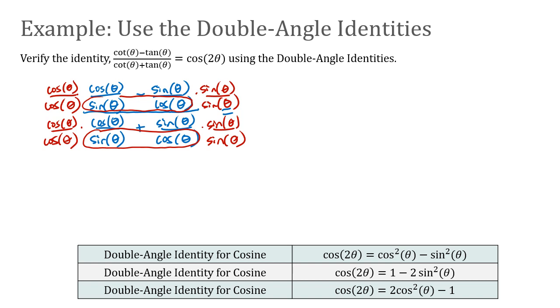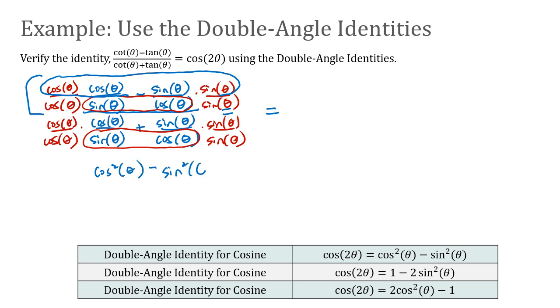Okay, so now let's simplify this. In this big ugly numerator, I'm going to have cosine of theta times cosine of theta minus sine of theta times sine of theta. So that's going to be cosine squared theta minus sine squared theta. I always like it when I have cosine squares and sine squares because I'm already thinking Pythagorean identity, but we'll see what happens.